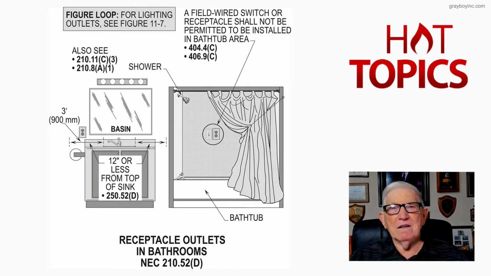Now, lighting outlets, you can look at figure 11-7. We also suggest you look at 210.11(C)(3). It has a lot of information about the small appliance circuit. 210.8(A)(1) is your GFCI protection rule for it.